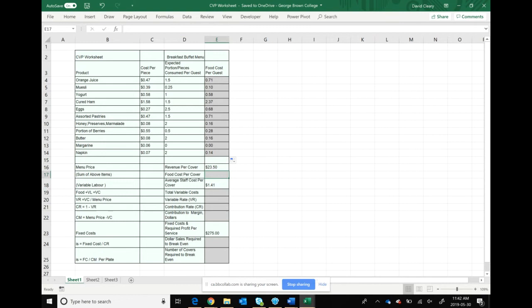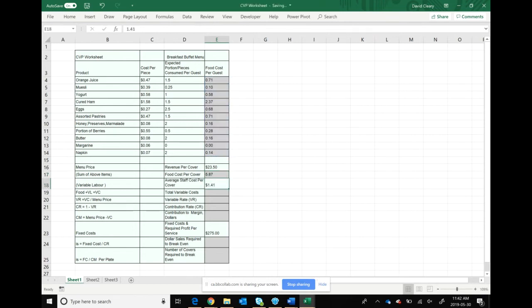Next, we just want to calculate the food cost for one cover, so for one guest. If this is all the individual cost per portion that one guest is going to have, then the total food cost for one guest would just be the addition of all those. So we're just going to add all those up. Okay.